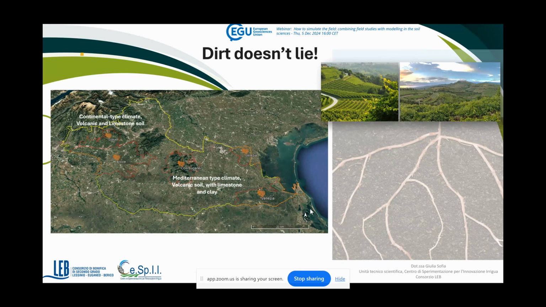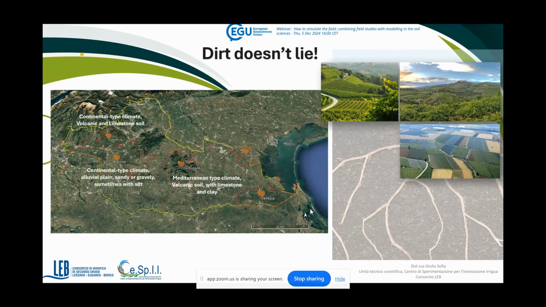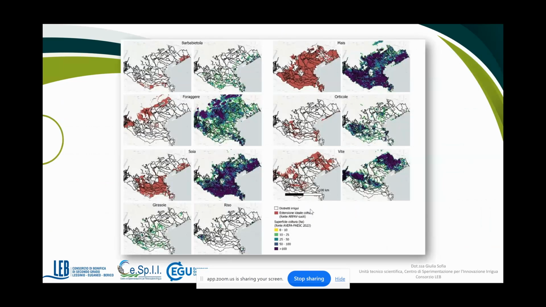We go from inland all the way to continental climates, but on gravelly soil, alluvial plains given by major rivers. And we have soils that are similar, but in a Mediterranean type of climate close to the sea. So understanding the impact of the soils on this production is for us critical.